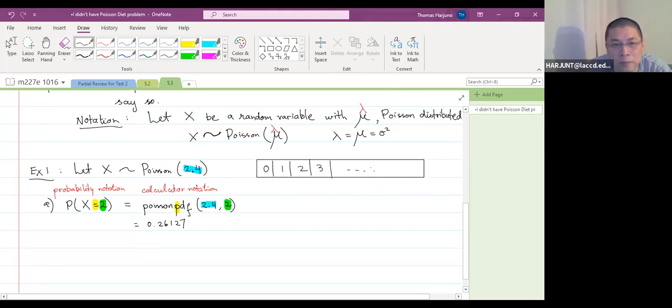It doesn't stop. Not like binomial distribution, where the number of successes is at most equal to the number of trials, right? But here, with Poisson distribution, the number of successes starts from 0 but goes up to infinity.